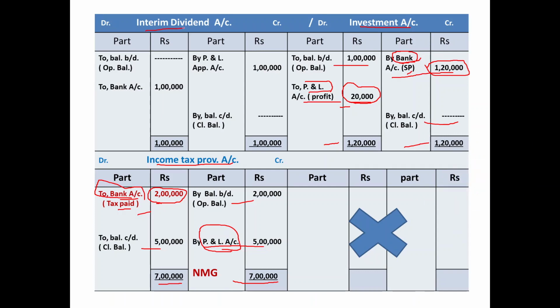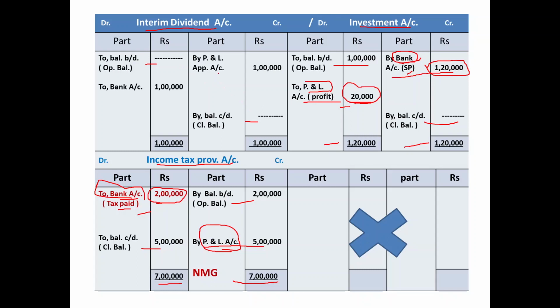This is the interim dividend account. Opening balance nil, closing balance nil, because it is an interim dividend account. Normally यहाँ opening closing balance नहीं रहती है क्योंकि ये डिसीजन साल के बीच में लिया जाता है और immediately पेमेंट भी कर दिया जाता है. So normally over here no opening balance, no closing balance would have been given.